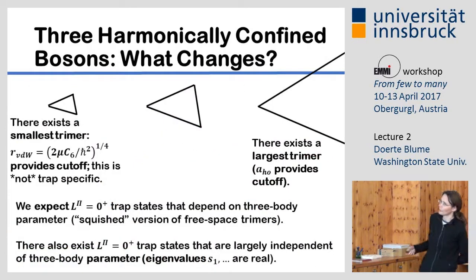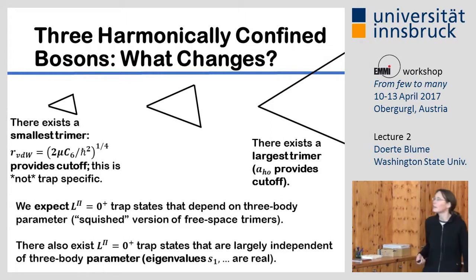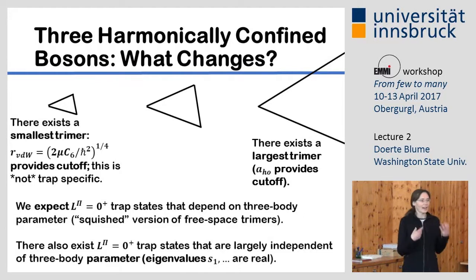What I like to do is take this and ask, what happens now if we place this three-body system, the three-body Efimov states, into a harmonic potential? So the first thing to realize, and this is not specific to the trapping potential, is that there does exist a smallest trimer.